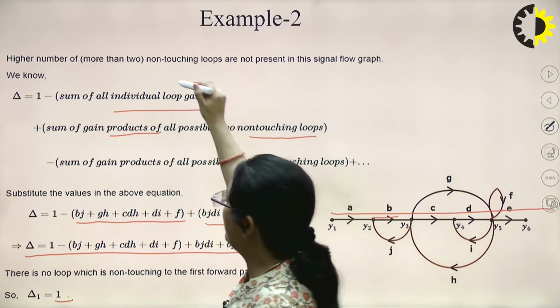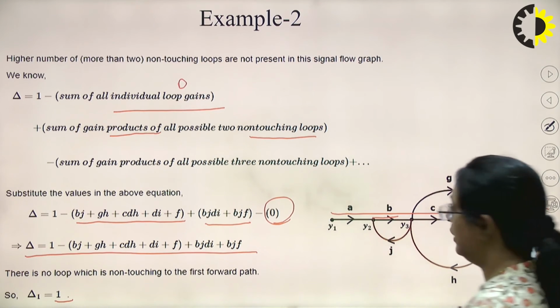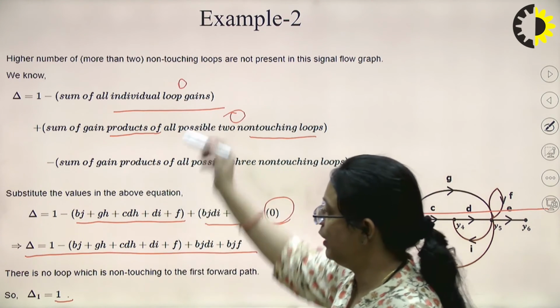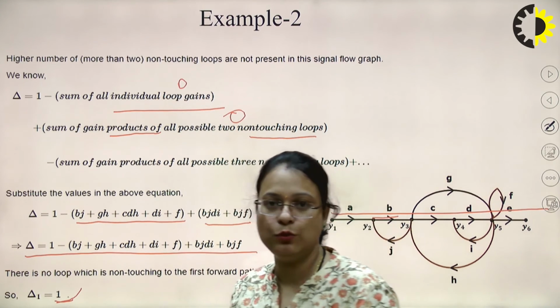So this value is 0 because all the individual loops are touching this forward path. Again this value is also 0. So we have got delta 1 equal to 1.